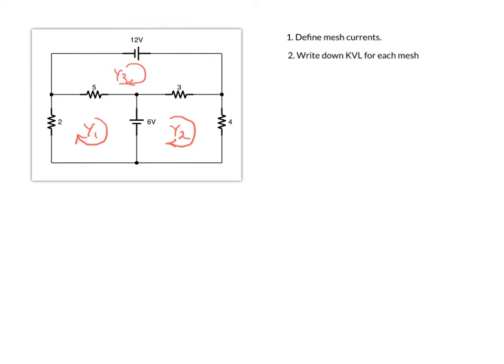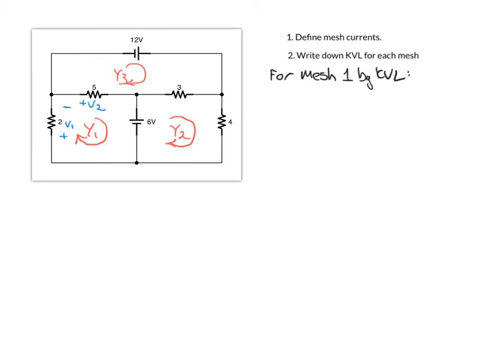In mesh 1, let's call this voltage V1, and we'll call this voltage V2. And we define the voltages in Kirchhoff's voltage law according to the mesh currents. So we're going to travel around this mesh here, mesh 1, and we're going to start at V1.